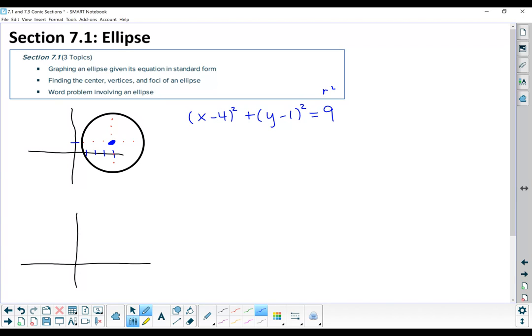An ellipse might also be centered at (4, 1). If an ellipse was centered at (4, 1), you would also see an (x - 4)^2 and a (y - 1)^2 in its equation, and they would still be added together. For a standard form ellipse equation, it's always going to be equal to 1, and you're going to see some denominators.